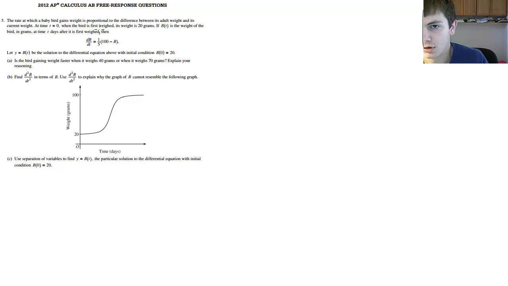It is proportional, so that means we're going to have a constant of proportionality, which in this case is 1/5, and it's proportional to the difference between its adult weight and its current weight. So this 100, that's going to be its adult weight.